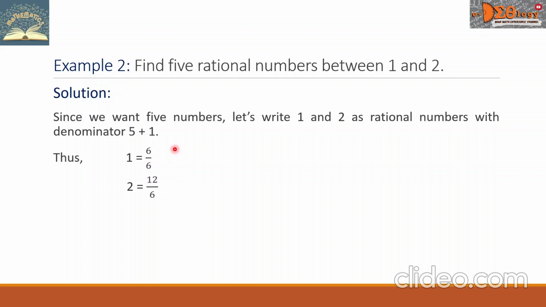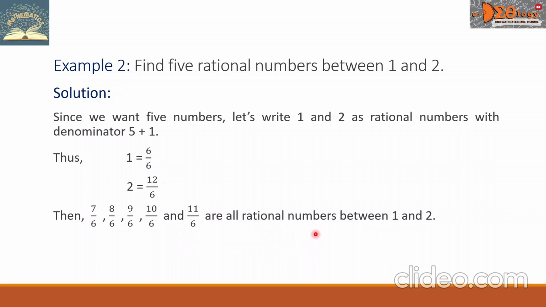Then, for the numerators 6 and 12, let us consider the integers between 6 and 12, and write them as numerators for new fractions using the number 6 as denominator. That will be 7 over 6, 8 over 6, 9 over 6, 10 over 6, and 11 over 6.